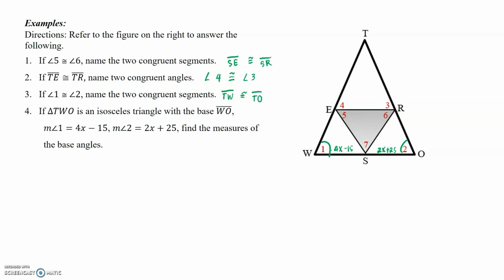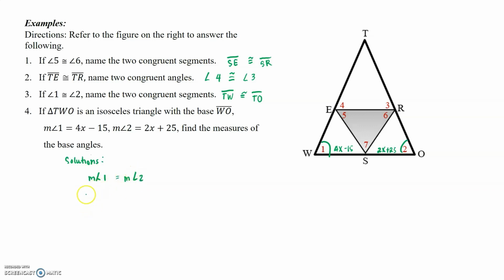And since we know that in an isosceles triangle, the base angles are equal, then we can equate angle 1 to angle 2 in solving for the value of x. So our solution for number 4: the measure of angle 1 is equal to the measure of angle 2.